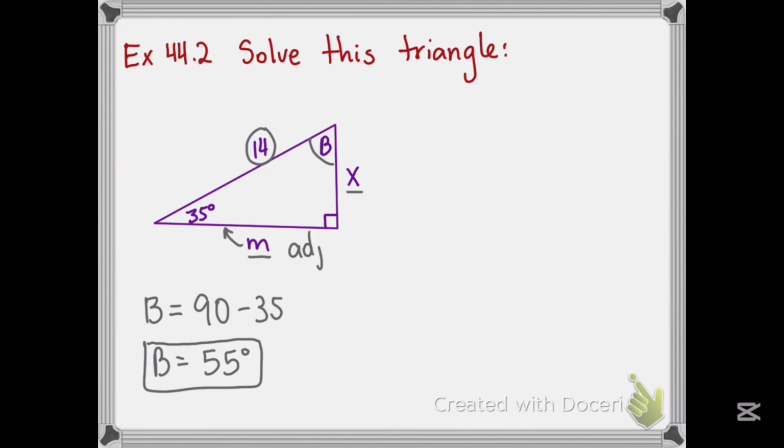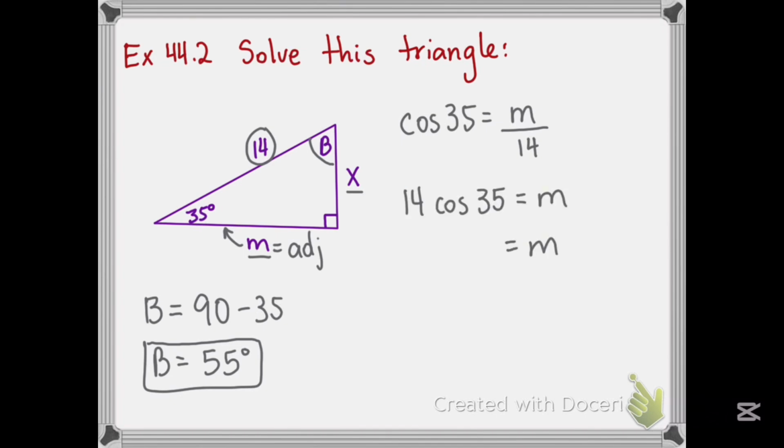We have to realize that M is the adjacent side of 35. So adjacent over hypotenuse is cos, so we're going to use cos of 35. Cos of 35 is M over 14. Now the 14 that is dividing goes to multiply. And if we put that in the calculator, we get 11.47.